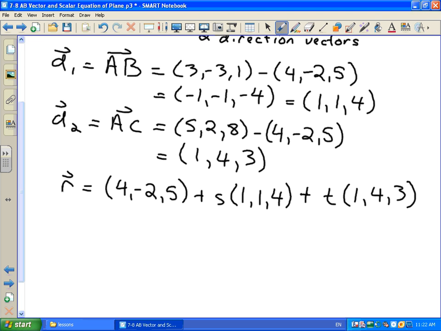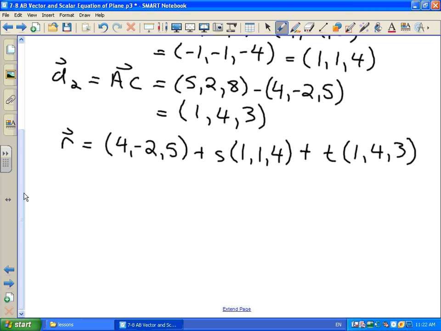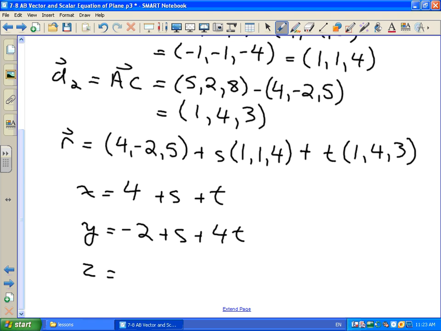And just like when we were working with lines, once we have the vector equation, it's pretty straightforward to go to the parametric equation. We just separate out our x, y, and z components. So for our x's, we're going to have 4 plus s plus t. For our y's, we're going to have negative 2, again, plus s, plus 4t.